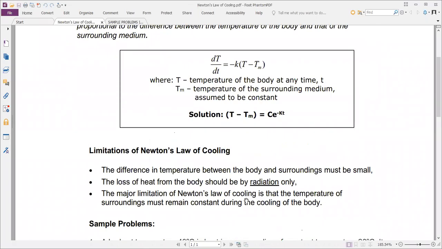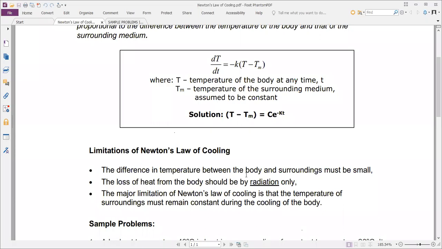Now, there are very important assumptions that you need to understand when we apply Newton's law of cooling. The number one assumption is that the temperature of the cooling medium, or the environment where your body or material is placed, is a constant, meaning it will not be affected by the transfer of energy from your body or material to the surroundings.